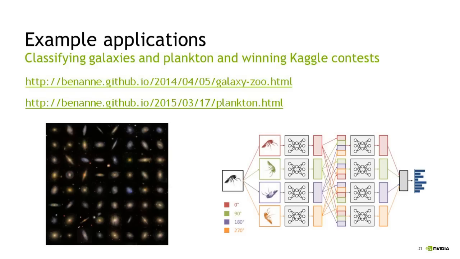So Theano was also used by the same researcher in 2 Kaggle contests. If you're familiar with Kaggle, these are online data science contests, and it was actually used to win both of these contests. One, this little picture on the left shows a number of data samples from one contest, which was to classify the type of galaxies from a radio astronomy data set.